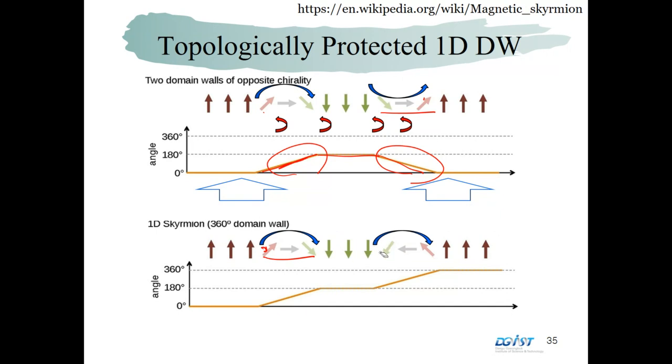So this spin and this spin have different energy. With the DMI sign, they prefer this direction. So with the DMI, the domain wall structure always prefers the same chirality.